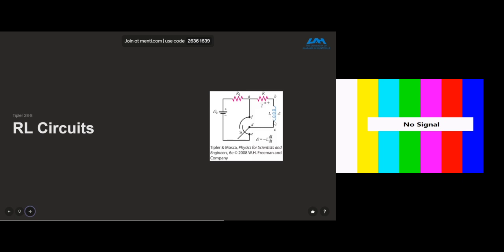What happens is, as the current changes very quickly when you turn this on, you get a back EMF such that the net EMF across the inductor is not 9 volts, as you would hope, but maybe it's 8 volts or 7 volts, depending on the change in current with respect to time, and L being the inductance.